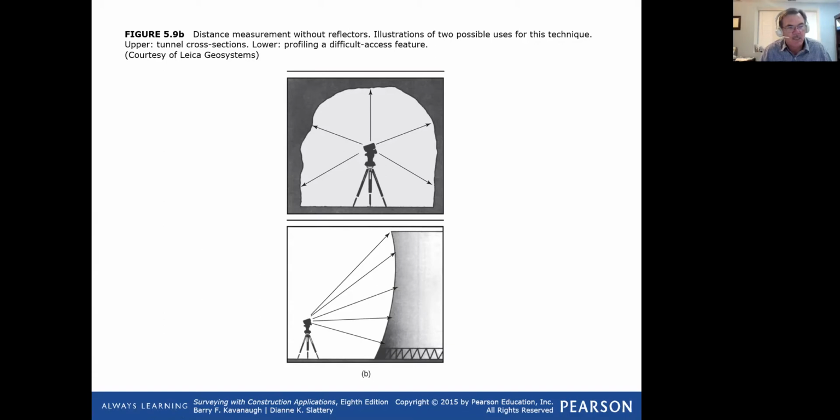It costs a little bit more money for your instrument to be able to do that, but it works well depending on your application. There's nothing more accurate though than the prism and the ability to shoot a prism over a point and know exactly where something is within the tolerance of your instrument. And most of the time that tolerance is something in the hundredth of a foot or less. And so there you're talking about something less than an eighth of an inch.